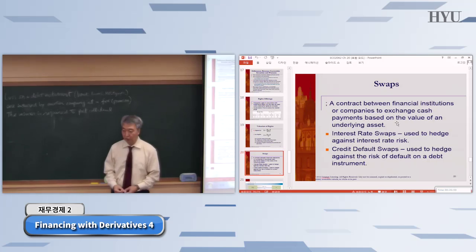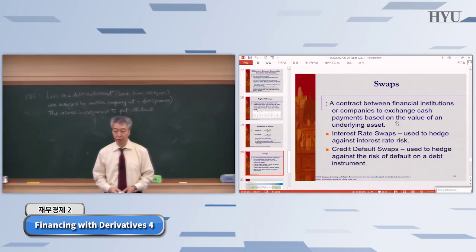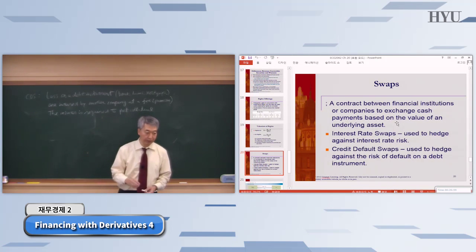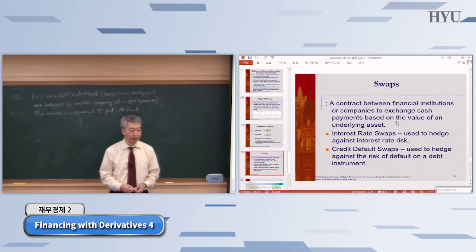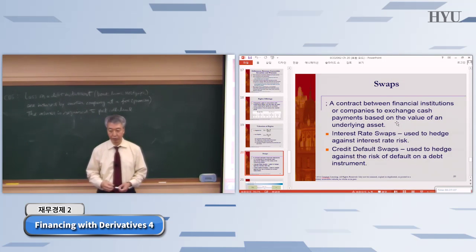Just like insurance when you purchase your car, you have to insure your car, so you pay some premium to the insurance company. And you get a guarantee that in case your car gets into an accident, the insurance company will come in and pay the damage.